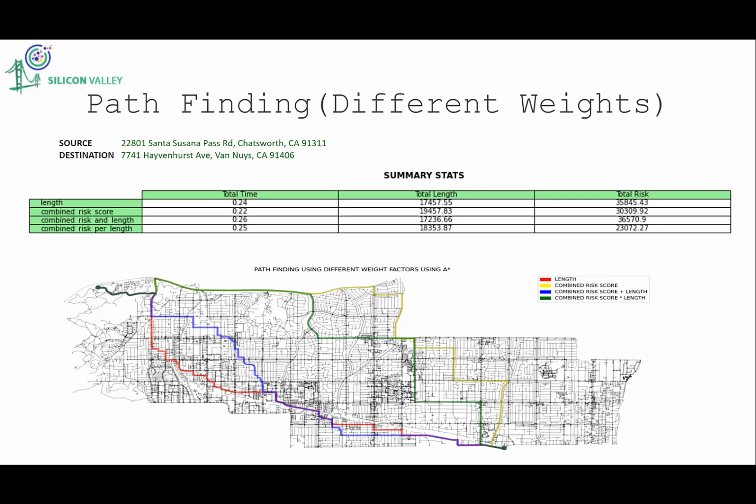We tried it for several pairs of source and destinations. And what we realized is that the product of the combined risk and length gives a good path where the length is reduced and the risk is also reduced. So this green line is the path where we have used the combined score into length as the metric.